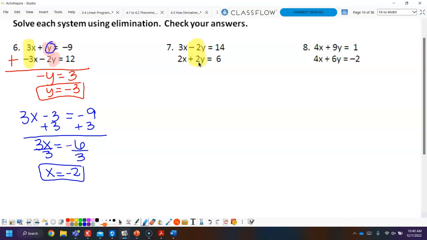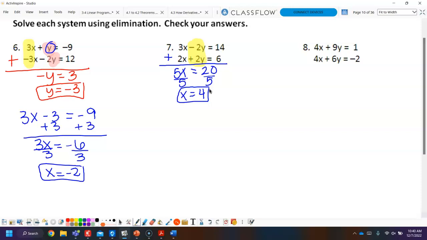It doesn't matter what variable you eliminate first. So that's part of this example. It doesn't matter which one we do first. Add the equations together. So I get x equals 4.